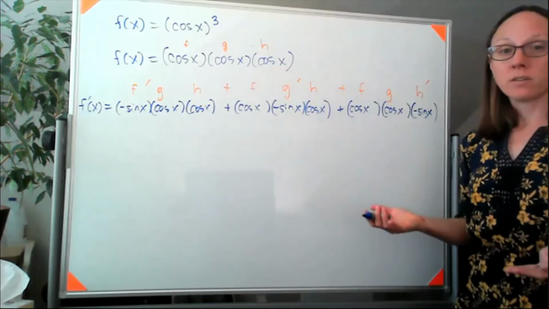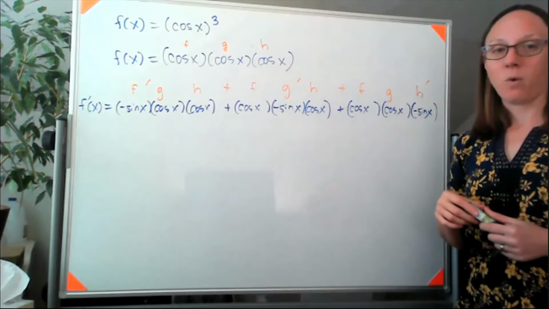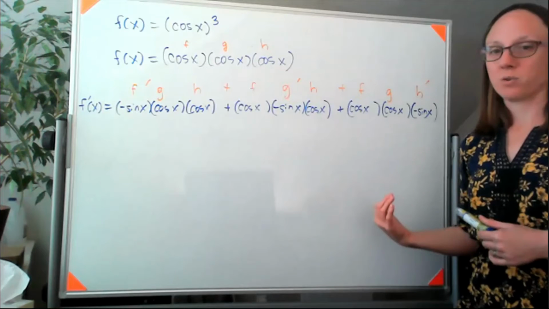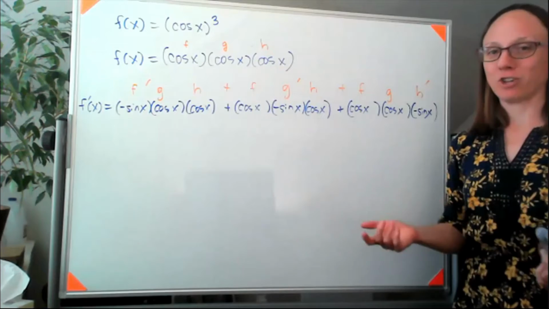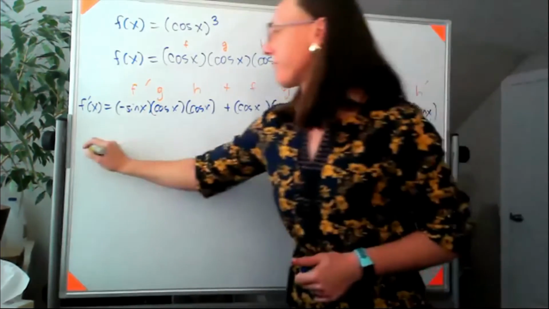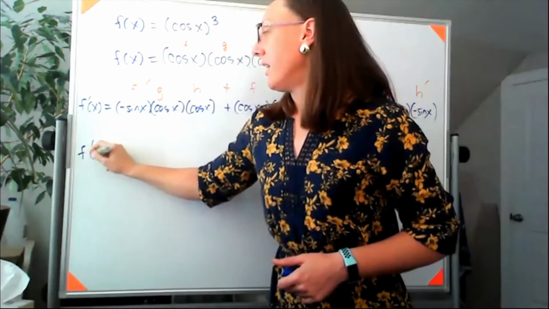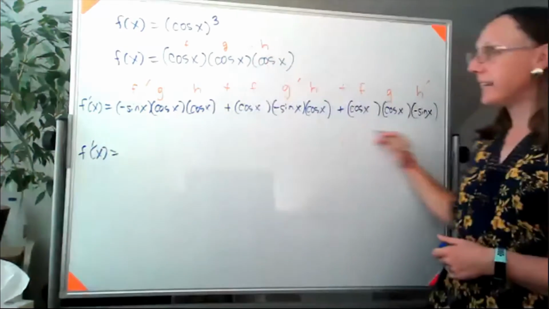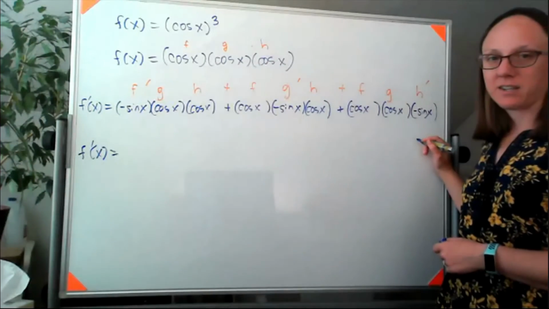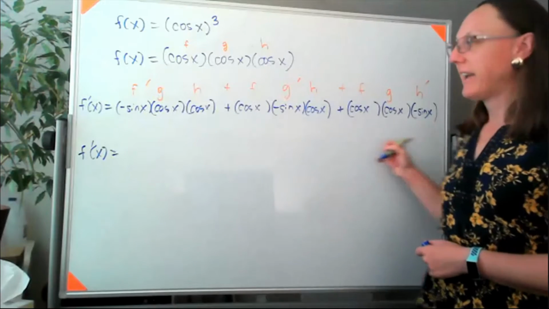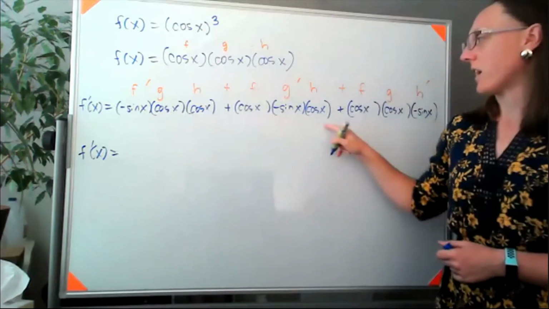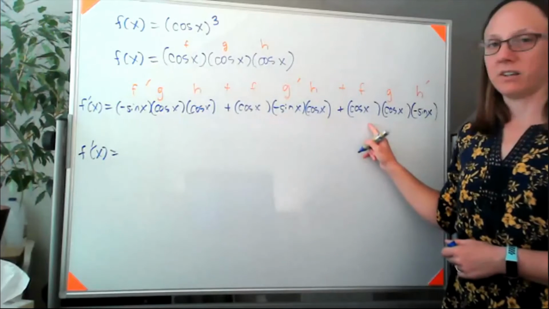Now you can choose to leave it here and walk away, but we can also simplify this. And this is going to get back to the question earlier about chain rule. From each of these 3 pieces, each of them has a negative sine of x, and each of them have a cosine times another cosine.